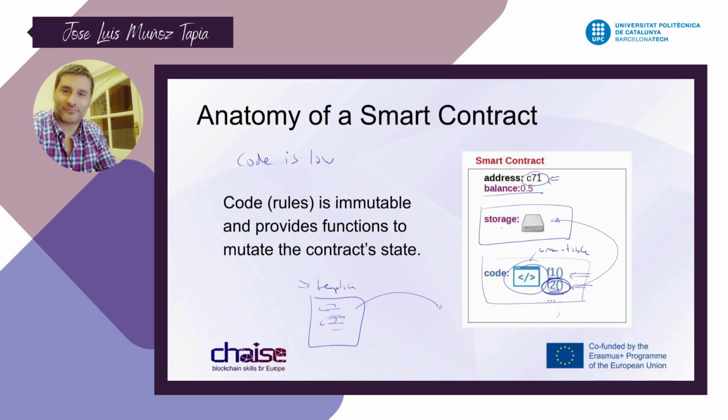Storage is organized in a series of slots, in a key-value fashion. We are going to generate now a smart contract, and we are going to use just slot 0, the key 0, and we're going to put different values here.